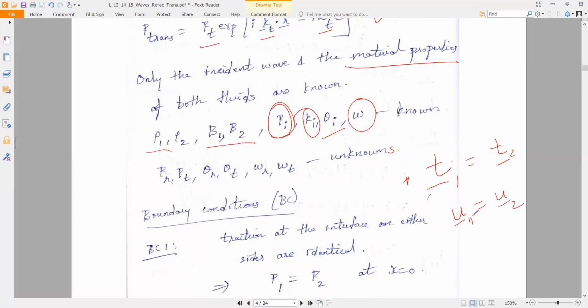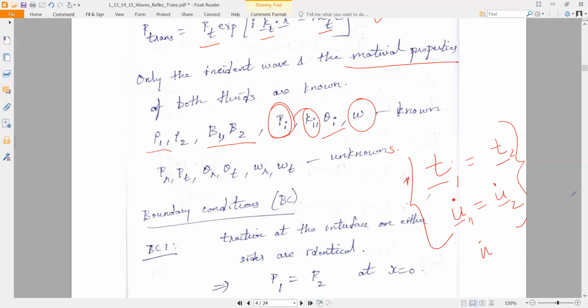Here, since wave mechanics is a dynamic process, the corresponding velocities are equated, because all fluid based equations are based on rate. In solid mechanics, we don't have the time derivative term when we are talking of stresses, but in fluids, it is always about rate. So these are the boundary conditions for all wave mechanics problems: traction being continuous and velocity being continuous across the interface.